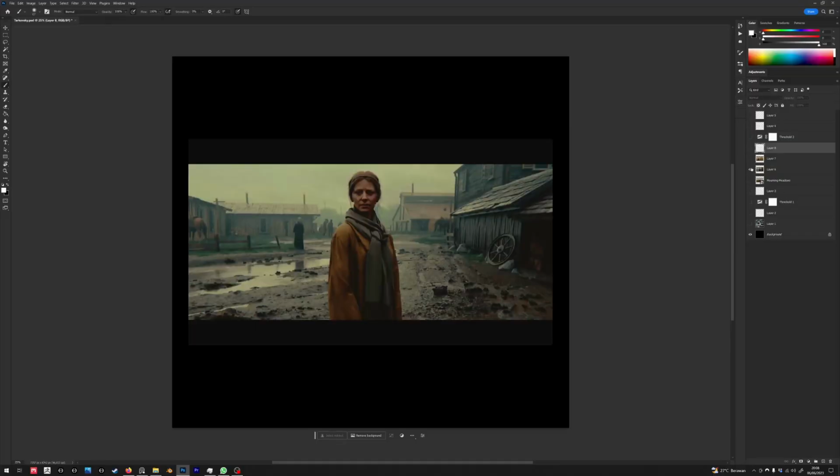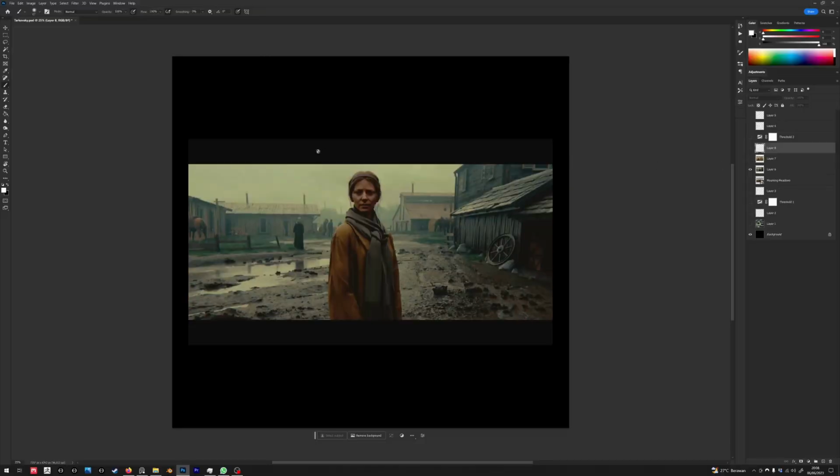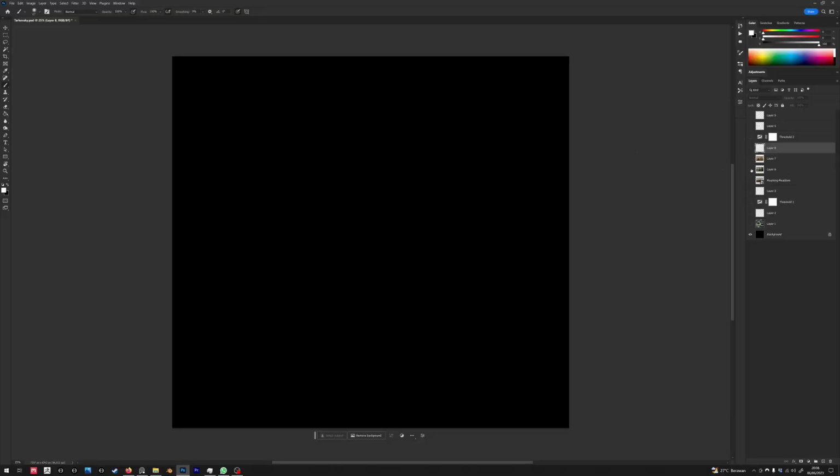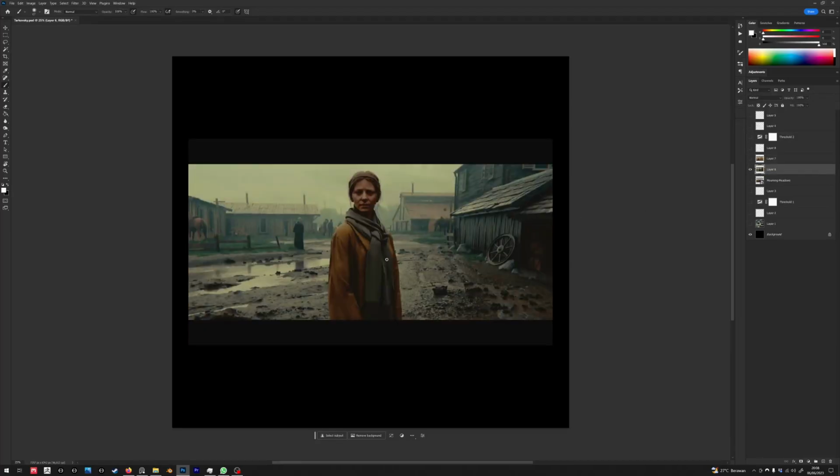So here are some outputs from this course that I did. You can see that the black bar is not so black. But this one's pretty similar to what we had, even the same assets, I think. And this one's kind of different, but still the same workflow.